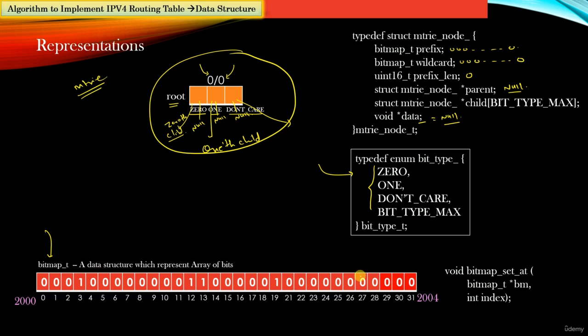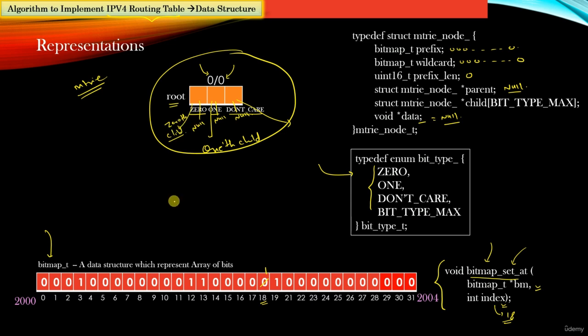As I said, you need to visualize a bitmap as an array of bits and nothing else. On this array you can perform operations like you would perform on normal arrays. For example, we can implement a function bitmap set at, pass the pointer to the bitmap and pass the index. If you pass the index number as 18, then this function must set the bit at index 18 to 1. So guys, with this we have finished all the prerequisite details that we need to know before we start our discussion on implementation of the IPv4 routing table.